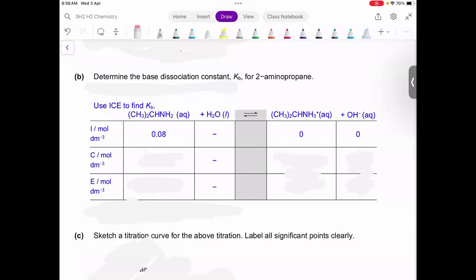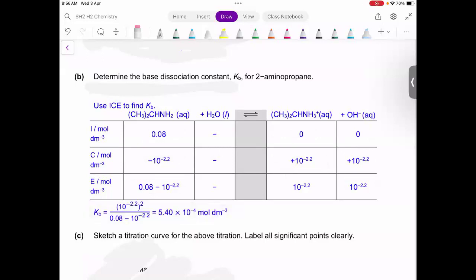Then the change: it will dissociate to form this. At equilibrium, this is what is left. You just substitute it back into the Kb expression, and you should be able to calculate it to be this way. Just remember that when you calculate a Ka or Kb expression, you need to work with concentration at equilibrium.